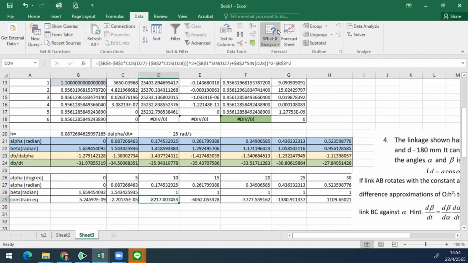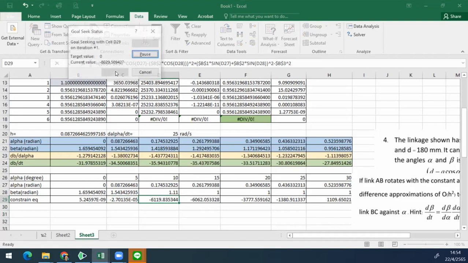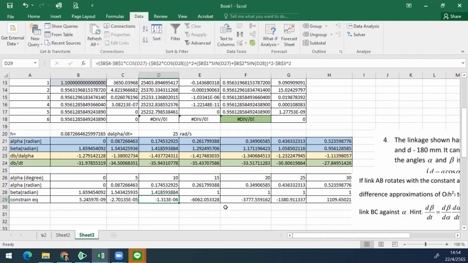We can do the same thing for each data: set up this cell to be 0 by changing this cell. We have this function in Excel to solve the nonlinear equation.